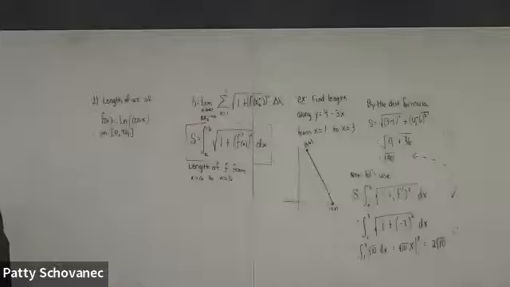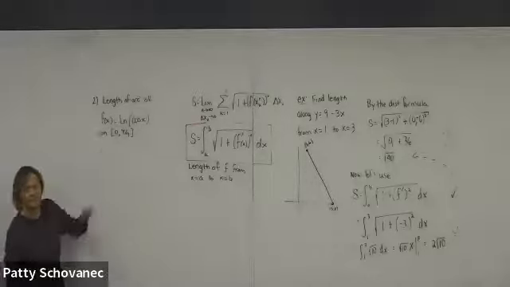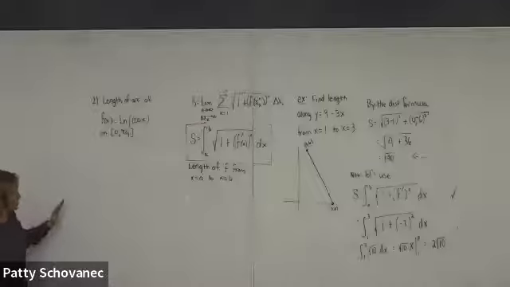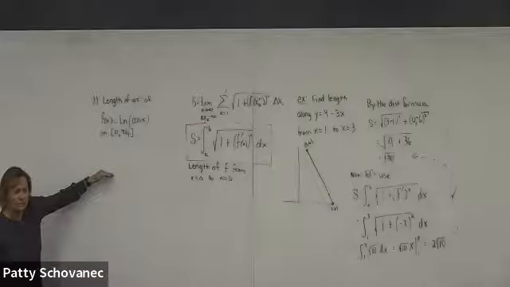On 0 to pi over 4, the cosine of x is never 0, so the logarithm is well defined. It's a continuous function. It should just look like a log function.